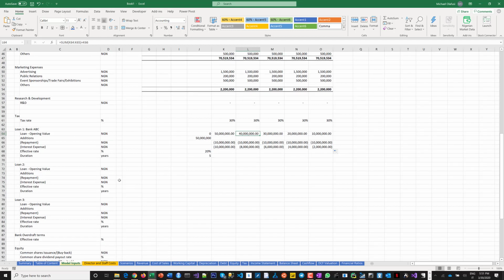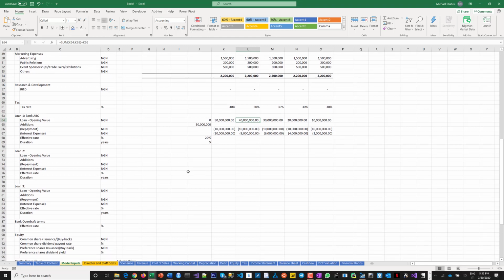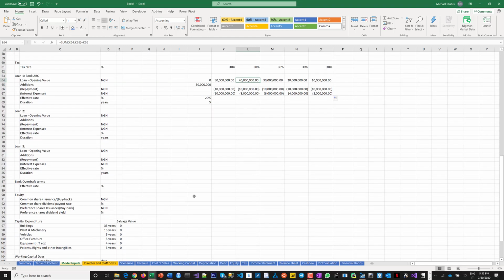Say that's the only loan they have on their books, and the other thing is the owners of the company decided to pump in 100 million naira into the business, and they're going to do a dividend share payout rate. Let's say they are not so big on that for the first year.